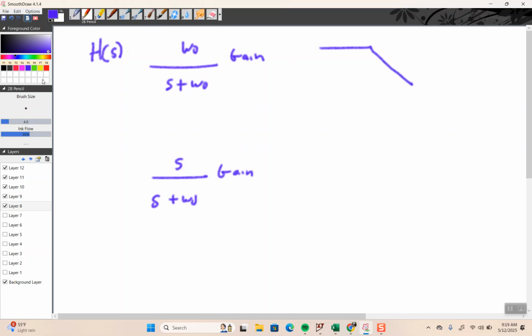This is the weirdest. Okay. We have our low pass and our high pass, right? And you have to be able to do Bode plots. But you don't have to do complex Bode plots, right?